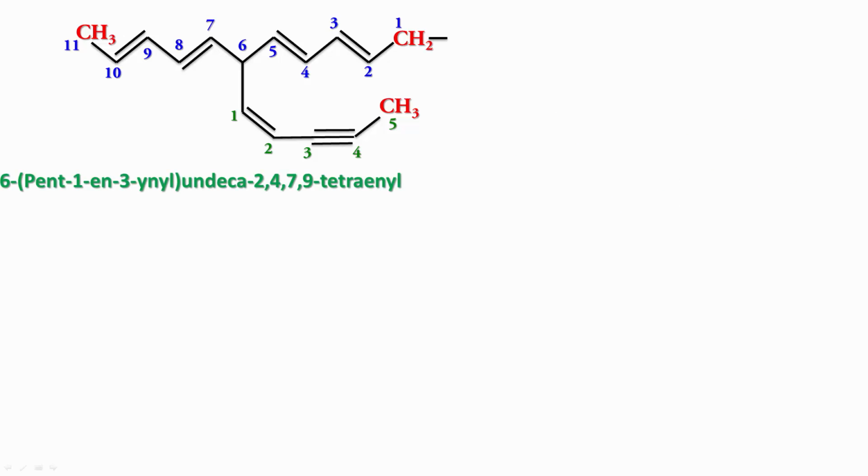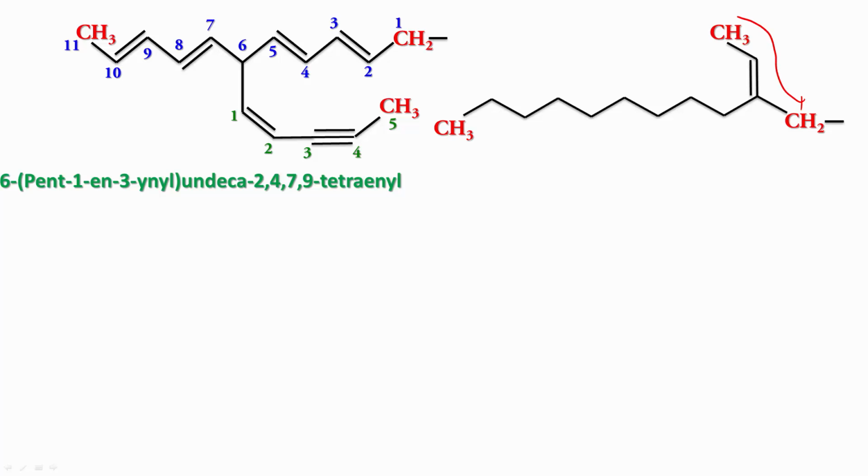The last molecule coming up is this one. Name it, pause the video, name it. First find the parent chain. Remember, this is automatically carbon 1. And again, maximum number of double plus triple bonds, and there is only one chain here, which is this.